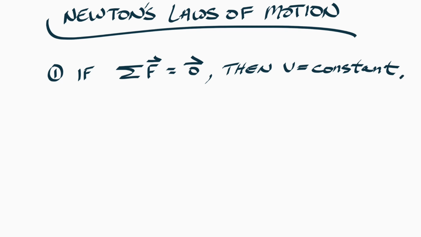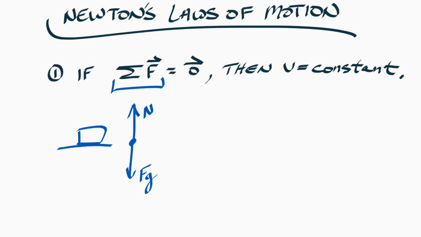So let's look at this. Sum of the forces. Well, this is just the net external force on an object. When we were drawing our force diagrams earlier, let's say that this is a normal force and this is Fg, and this is just for a box sitting on a table. In this case, the object is not just going upward, it's not magically floating or crashing through the table.